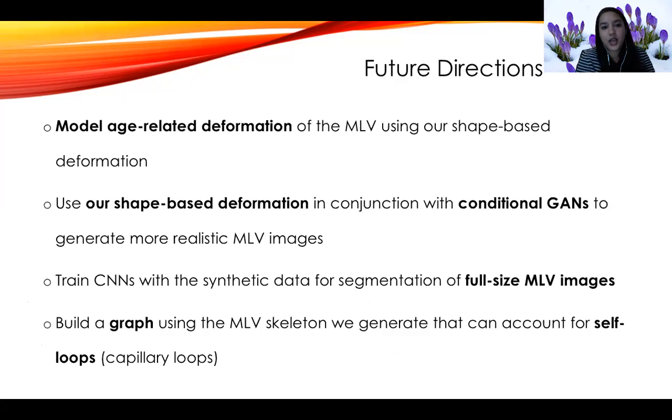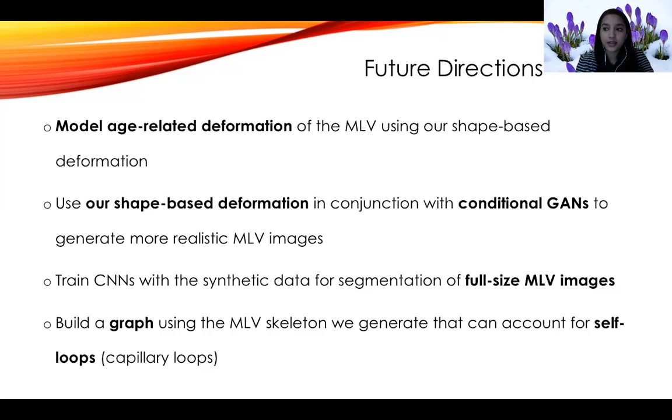In conclusion, I would like to outline some future directions for this work. Our shape-based deformation method can be used to model age-related or disease-related deformation of the meningeal lymphatic vessels. The shape deformation can also be used in conjunction with conditional generative adversarial networks in order to generate even more realistic MLV images.